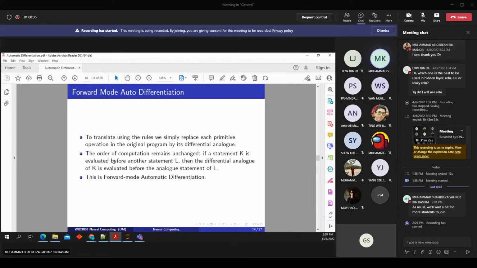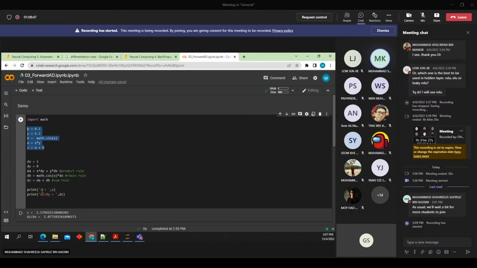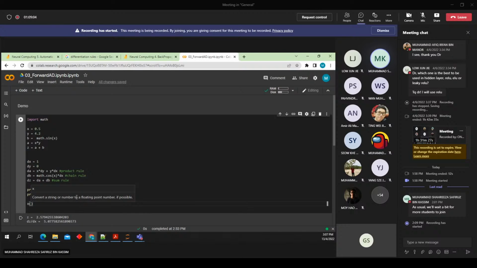Okay. So this is forward mode automatic differentiation, right? Now, as you can see in this one, we are computing dz over dy, right? But what we want to do is have one variable x, which stores the value of x and also the derivative of x.